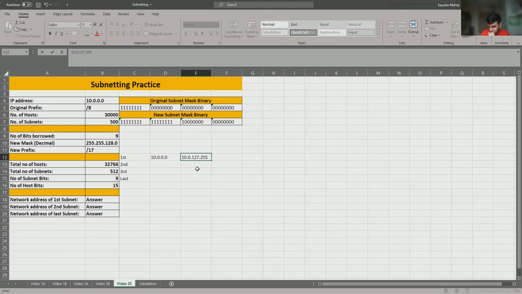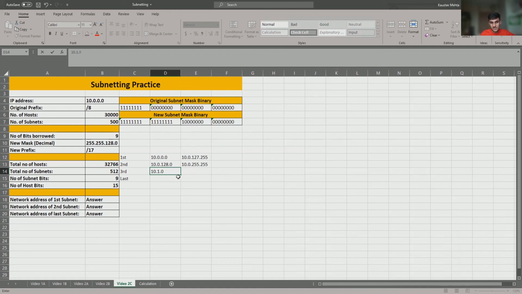And then the second address would be 10.0.128.0, and then we move on to 10.0.255.255. The third one would be 10.1.0.0. Now we're entering 1 because we have finished this octet, so we move on to this octet and reset the third octet.